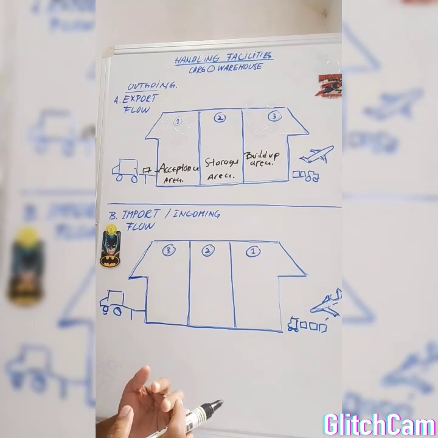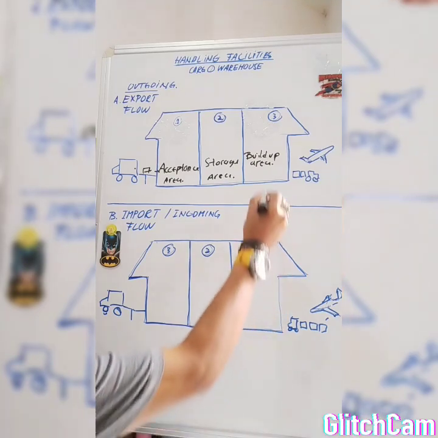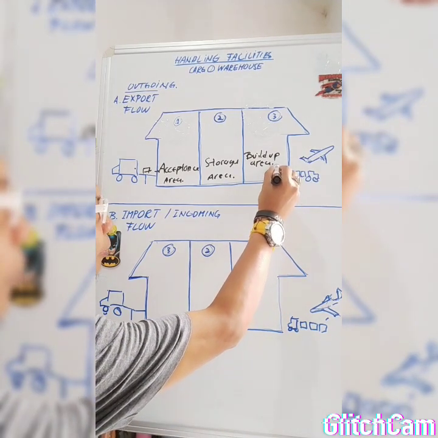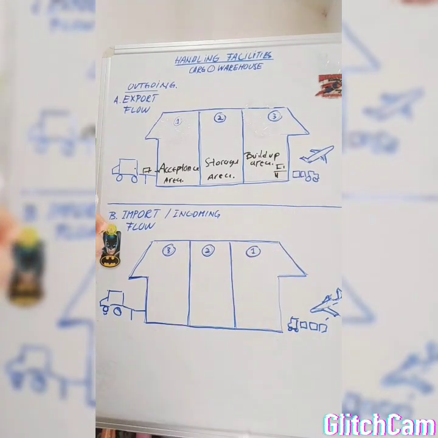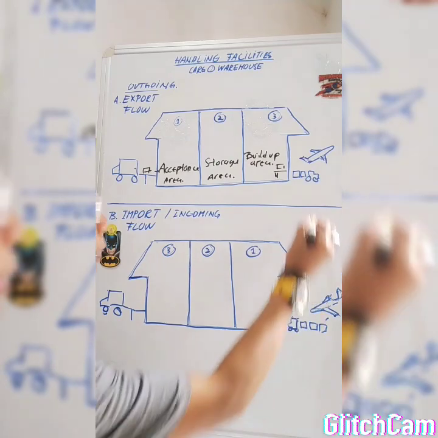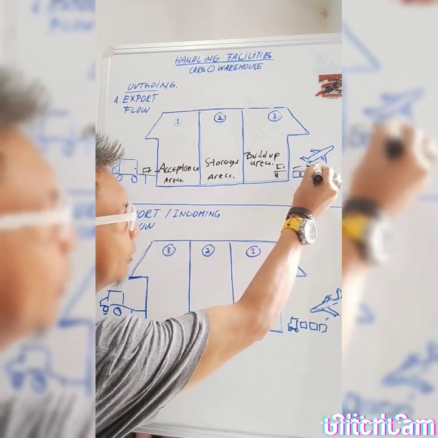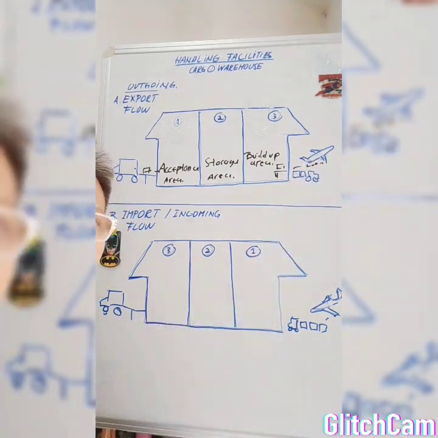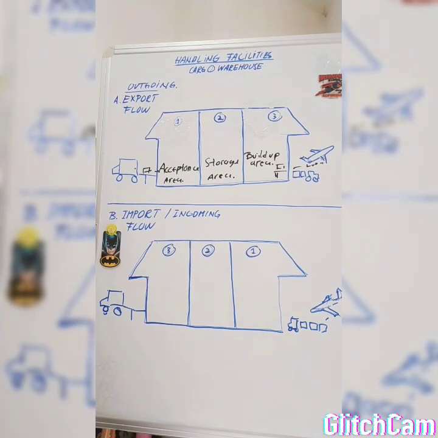After it is ready, the container or ULD is reweighed first, and then dispatched to the airside, ready to load to the aircraft for the outgoing or export process. So this is for the export.